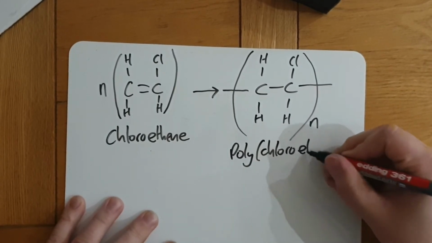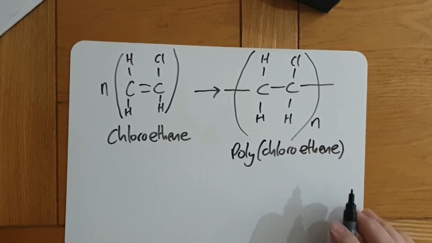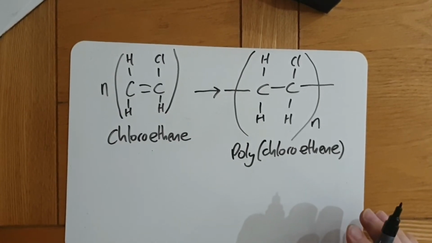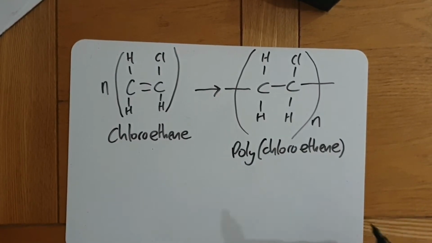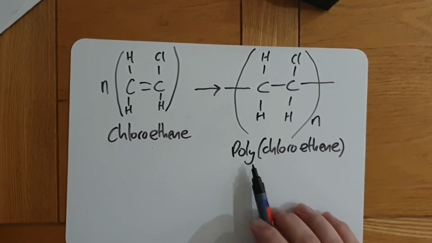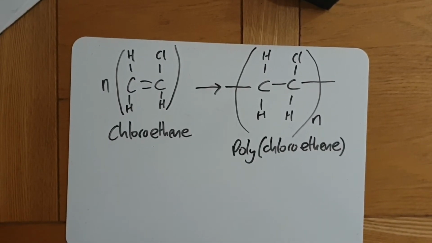polychloroethene. That's the technical name for it. It's got an old-fashioned name which has kind of stuck in modern society. From a chemist's point of view, we would always call this polychloroethene because it's come from chloroethene.